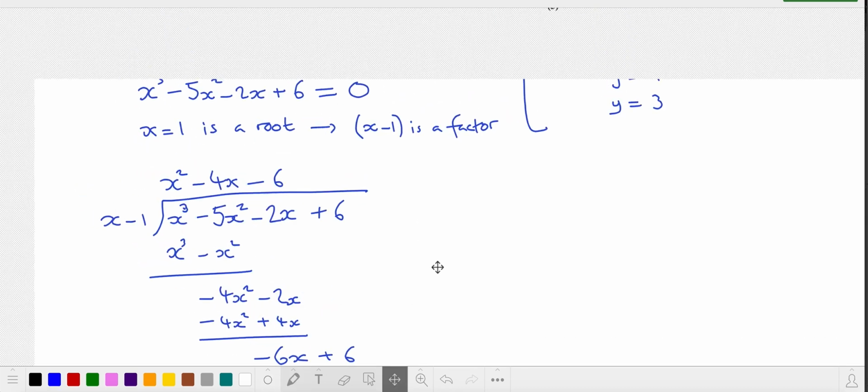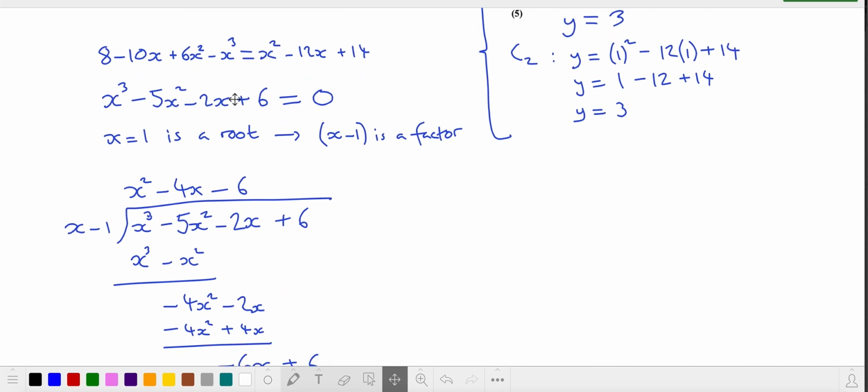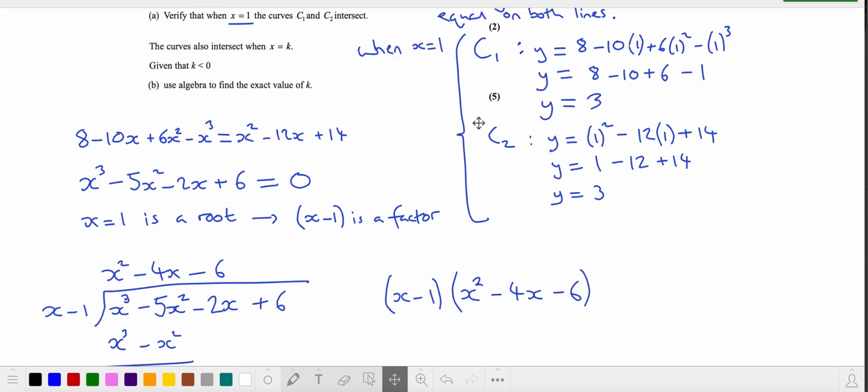That's very good to know, which means that we can factorize this cubic as x minus 1, x squared minus 4x minus 6. So we need to solve this quadratic here now.